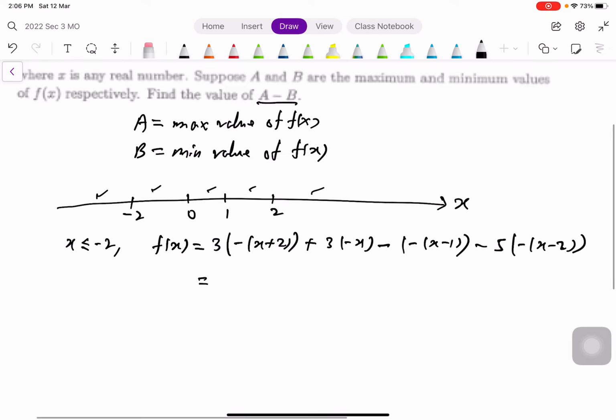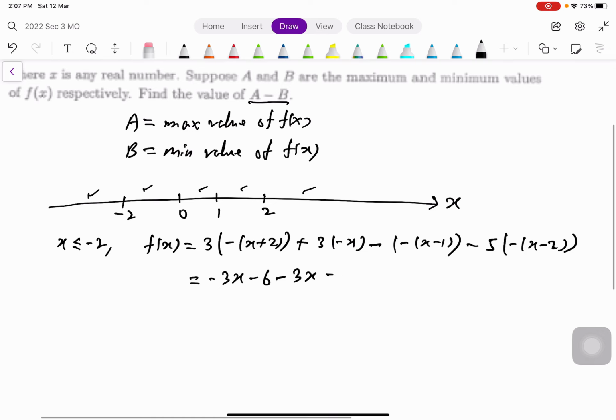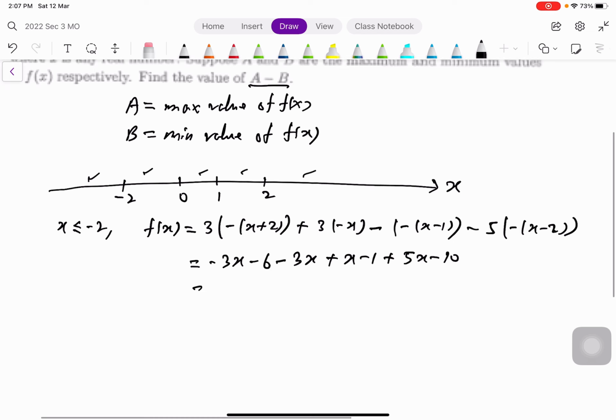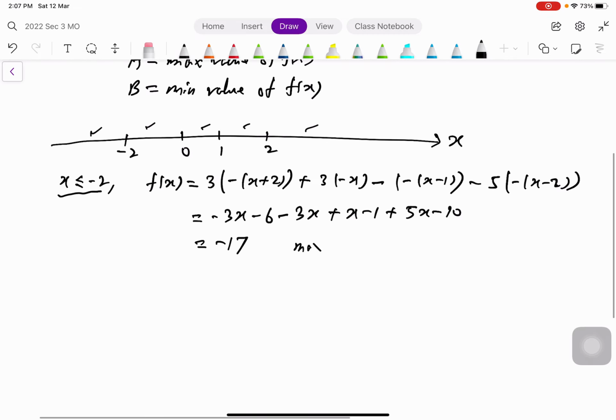In this case you will get minus 3x minus 6, and then this is minus 3x, and then after that you will get plus x minus 1, and then plus 5x minus 10. Therefore you basically get minus 17. Therefore, when x is in this interval, the maximum value is equal to minus 17, and the minimum value is also minus 17, because you will end up with a constant value of minus 17.